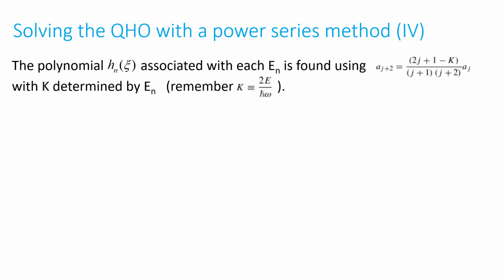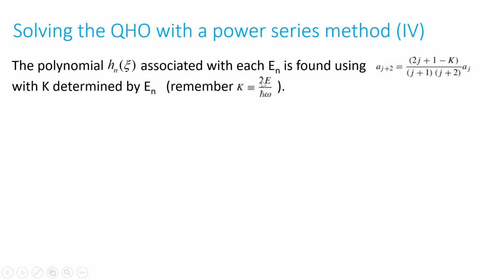So we have the energies. If we want to find the polynomials associated with each energy, we use this recursion relation with K determined by our E_n. Because remember, as we just saw in the last slide, if we know E, we can find K. For example, for the ground state, E is h bar omega over 2.